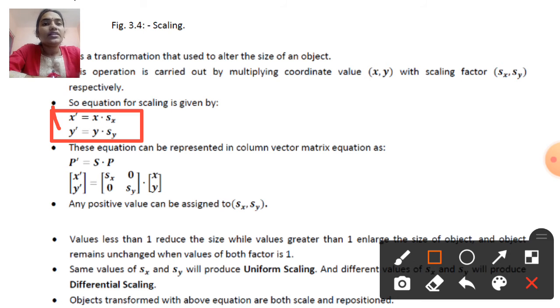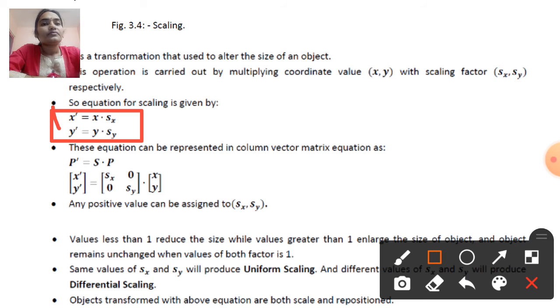This equation can also be represented in column vector or column matrix form. So here P' = S · P. P' means (x', y'). All of you know these things, I already told you. And S is the matrix with rows Sx, 0 and 0, Sy, and P is (x, y).